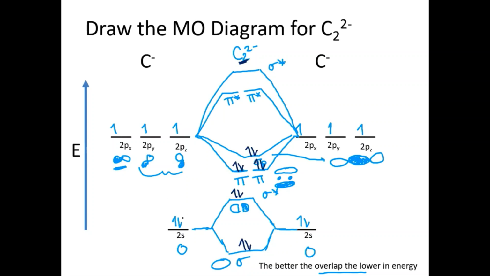I've taken and combined 4 orbitals on one side, 4 orbitals on the other. So I have 8 total orbitals. So in my molecular diagram, I have 8 seats for electrons to sit. Okay, so your electrons always fill from the bottom.